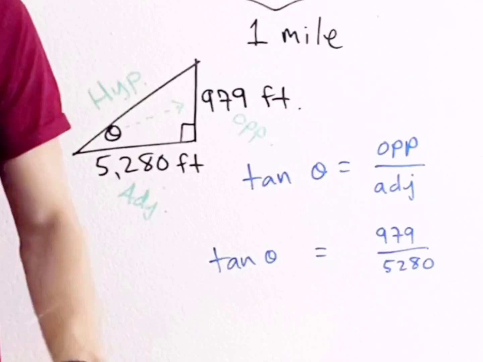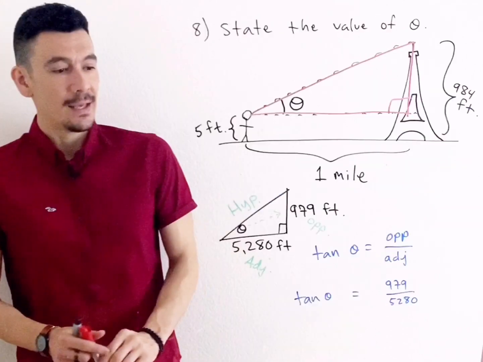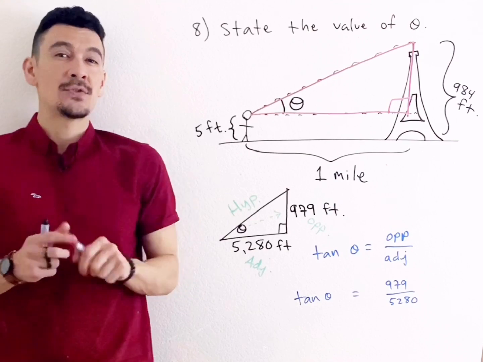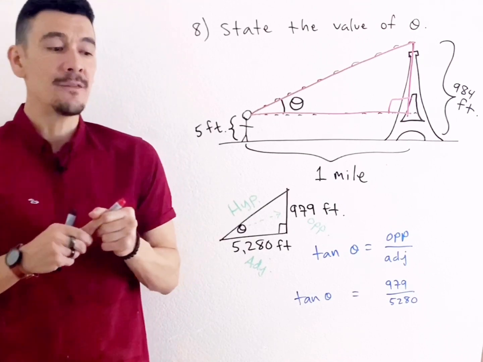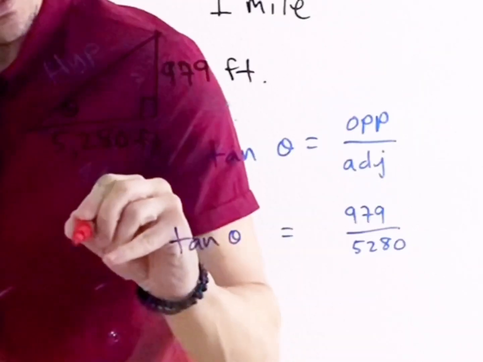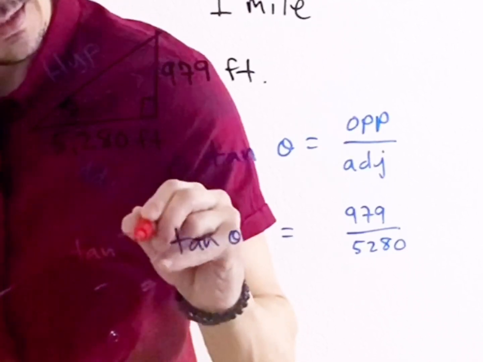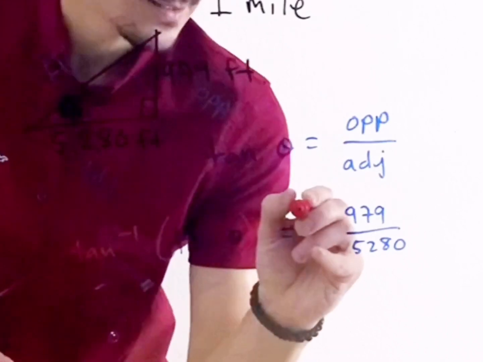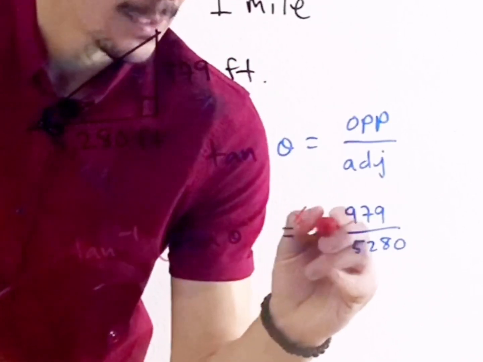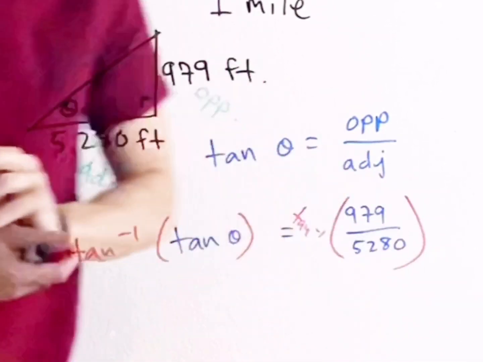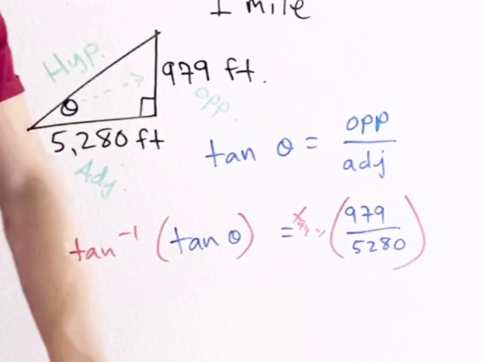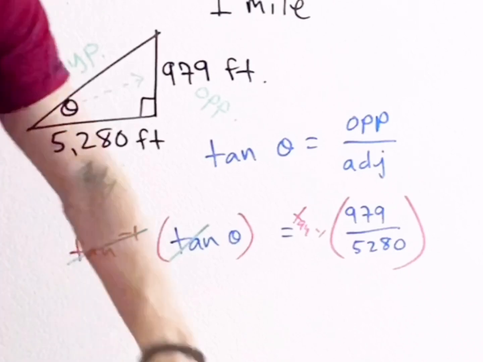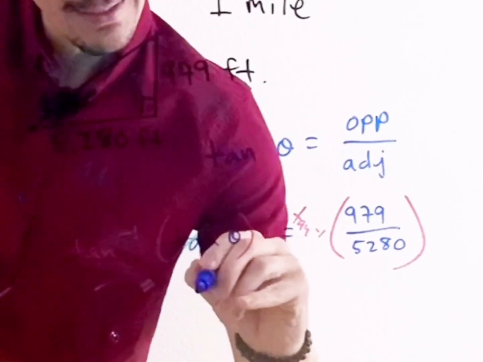And then recall from last week that anytime you want to find an angle, you're going to need an inverse. So let's take the tangent inverse of both sides. Take tangent inverse of the left and tangent inverse of the right, because we know that this knocks this out so that it's just theta here.